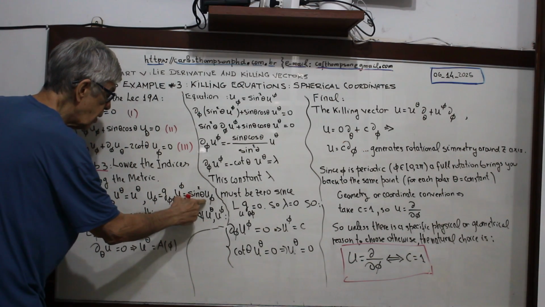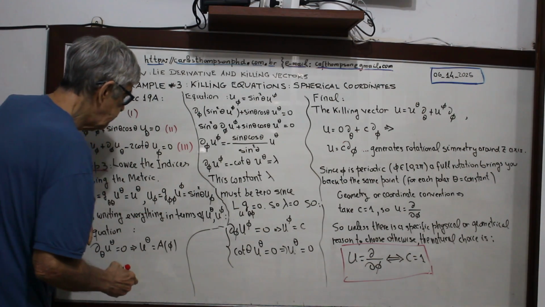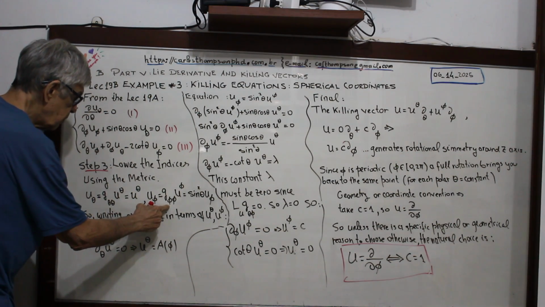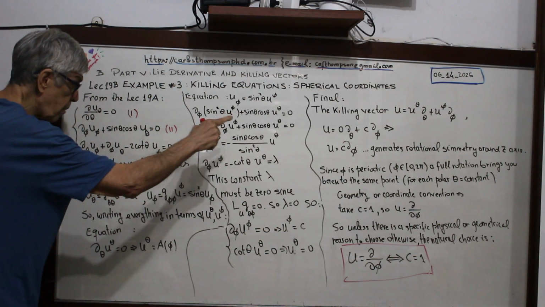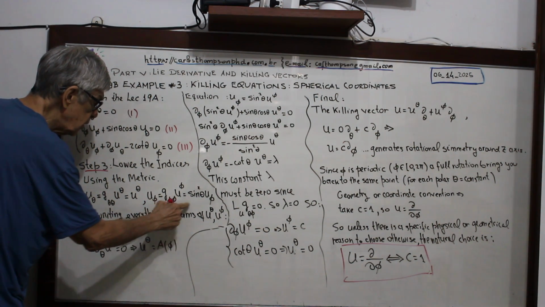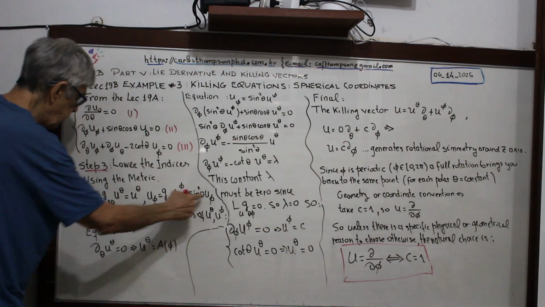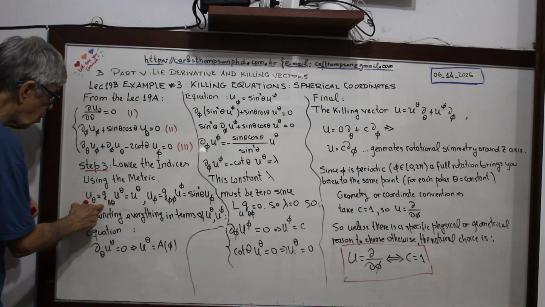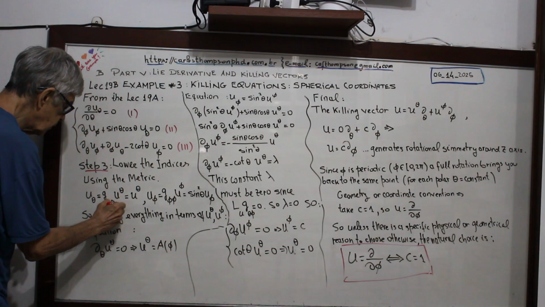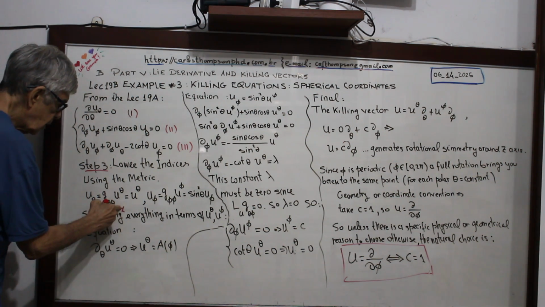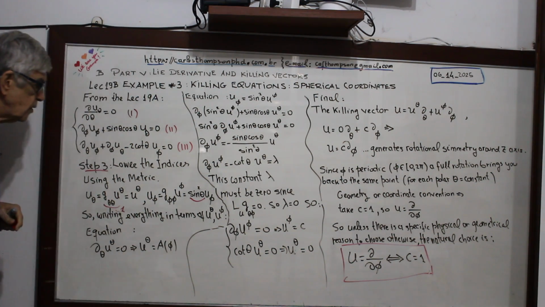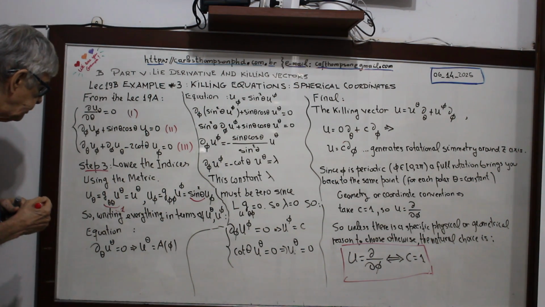This applied to the spherical coordinates, g phi phi is sine square of theta, and this here is 1.